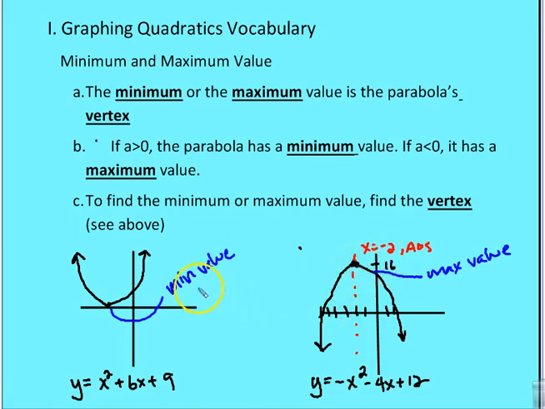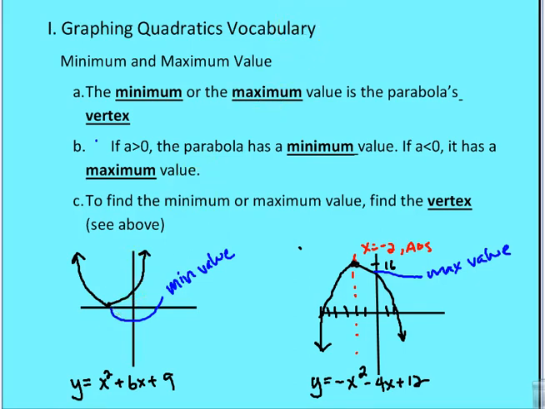So that's my maximum value. The minimum value here you can see is going to be 0. There are no values in the parabola for y that are going to be less than 0. 0 is our lowest value, our minimum value.